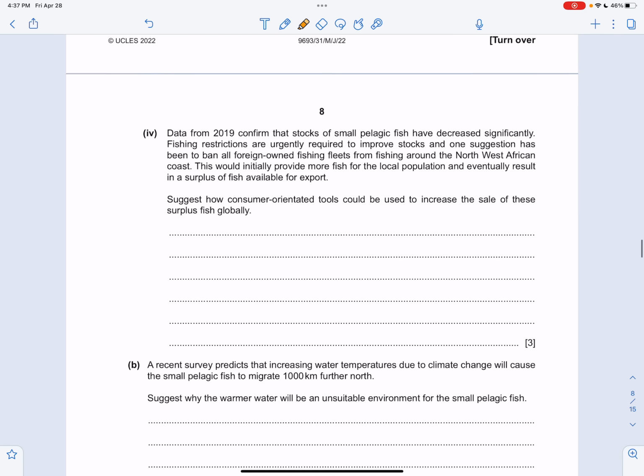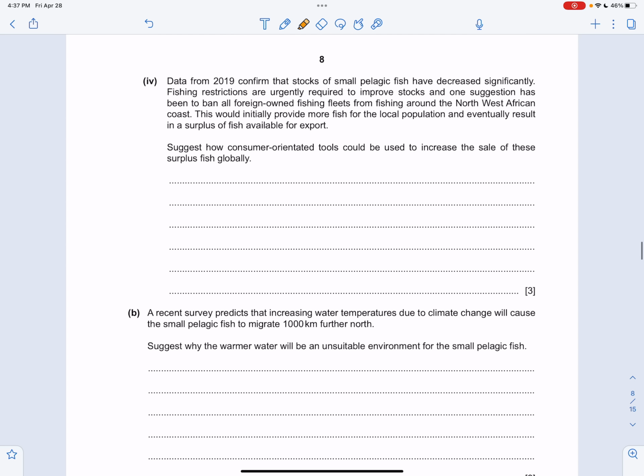All right, this question is almost done. So data from 2019 confirms that stocks or populations of small pelagic fish have gone down significantly. Fishing restrictions are urgently required to improve stocks. And one suggestion has been to ban all foreign-owned fishing fleets from fishing grounds around the Northwest African coast.